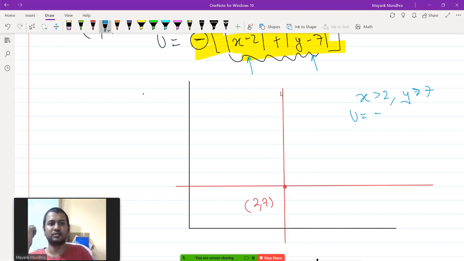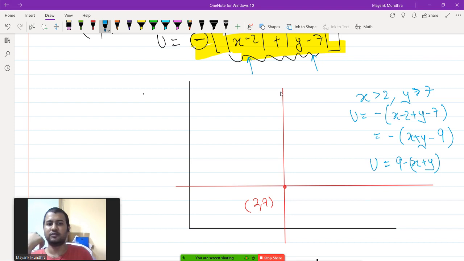So utility becomes negative of x minus 2 plus y minus 7, that's negative of x plus y minus 9. So that's basically 9 minus x minus y. That's your level of utility.